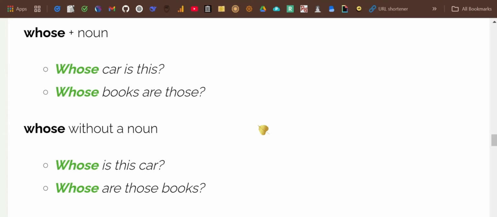Or you can say a normal affirmative sentence and add a question tag: this is his car, isn't it? But when we're talking, sometimes we do that, but it's technically not correct. When we talk, it's not perfect, but it's understandable.